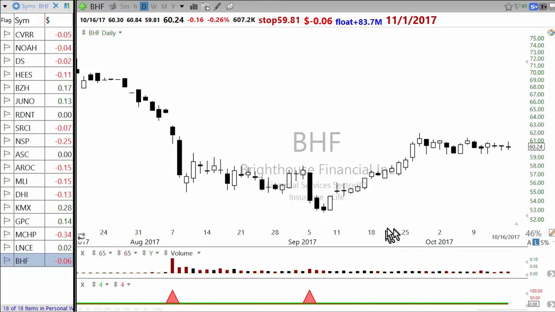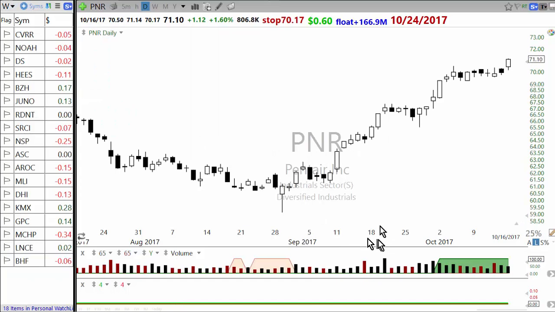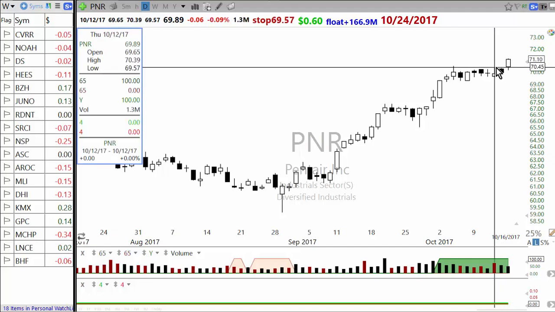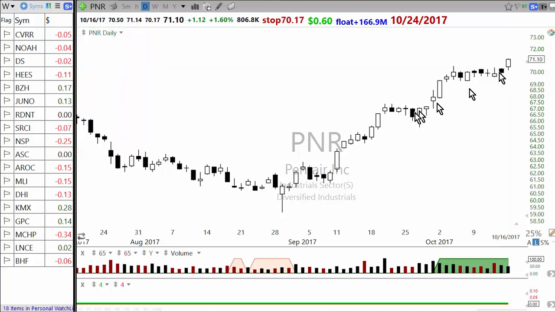Like if you see, yesterday one of the stocks which I highlighted was PNR, and as you can see, it made a $1 move. You could get in with a very close stop, and the entry point could have been 70.50, which was the high of this consolidation, or 70.49. My entry trigger was 70.49, and the stock went up.